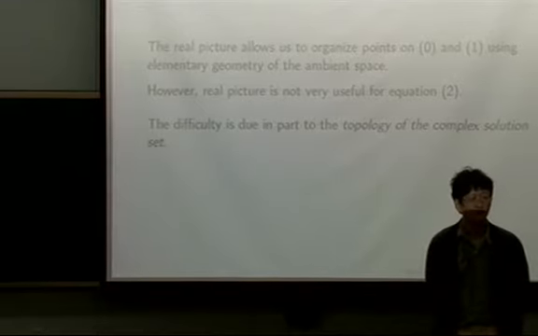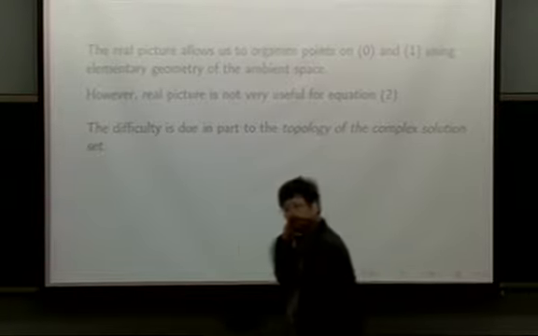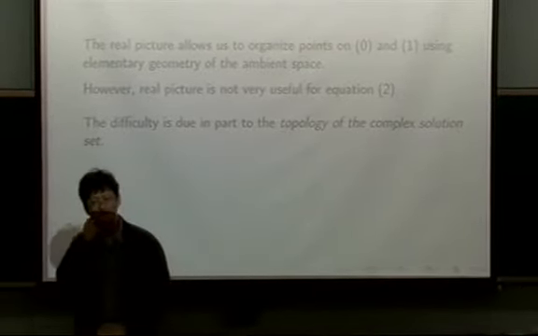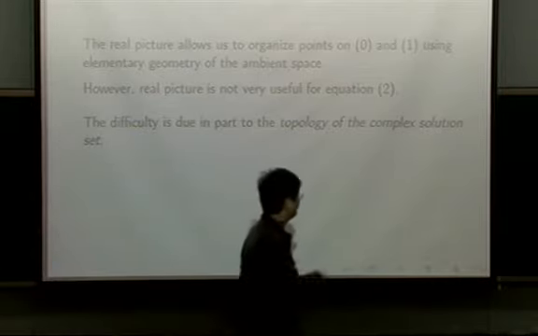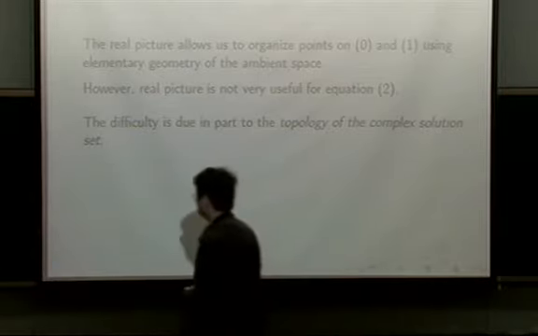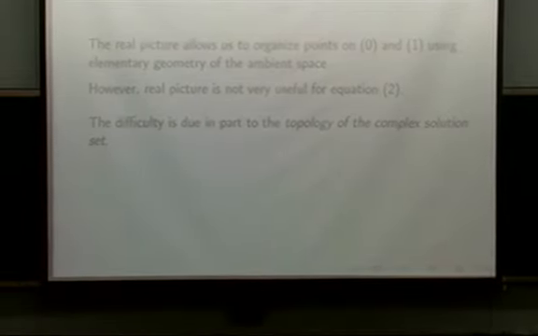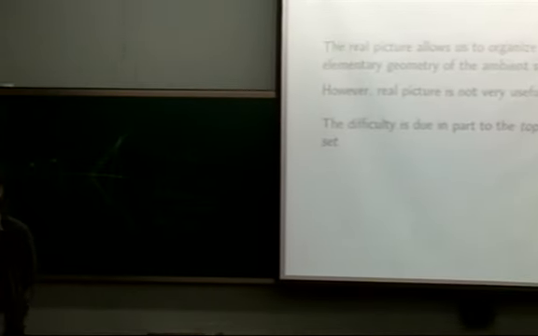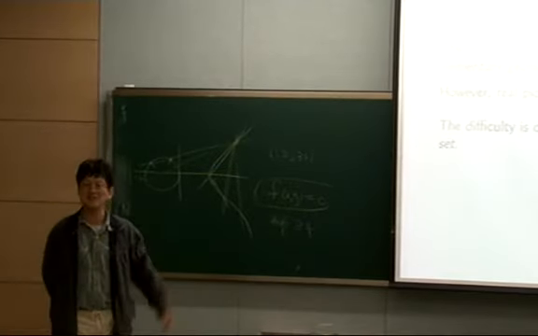But in fact, to get a full idea of the complexity of the situation, even the real picture isn't enough. You do have to look at the complex solution set for a moment as well. So take an equation like this, take the complex solution set. Somehow, the shape of that complex solution set is a measure of the complexity of the arithmetic problem as well.